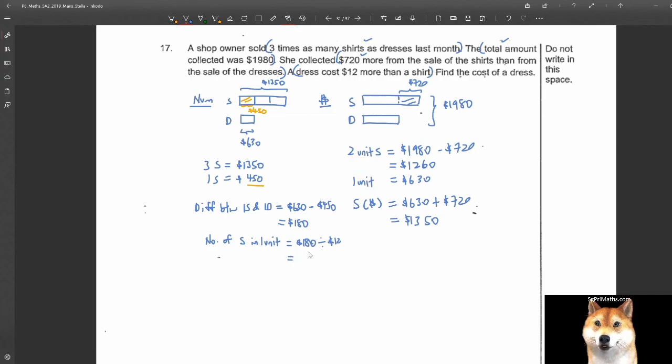This will be equal to 15. Okay, so one unit is 15, that means the dress is also 15. So 15 dresses cost us $630. One dress will cost us $630 divided by 15, which is $42. And that's it. We have completed the paper.